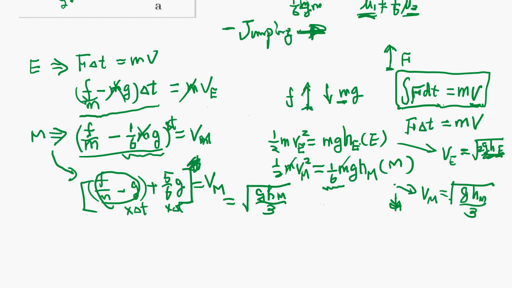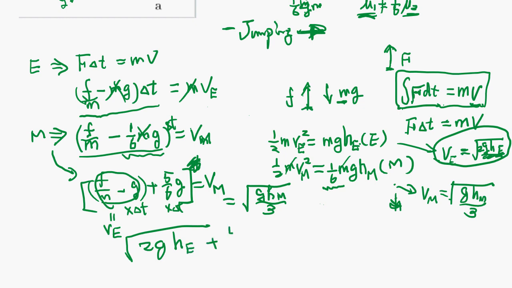Okay, so this is ve. So ve is this guy, so 2g jumping height on Earth plus 5 over 6 delta t equals ghm over 3.